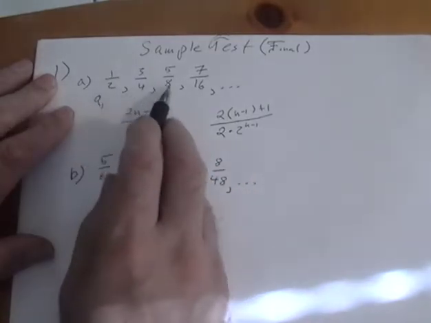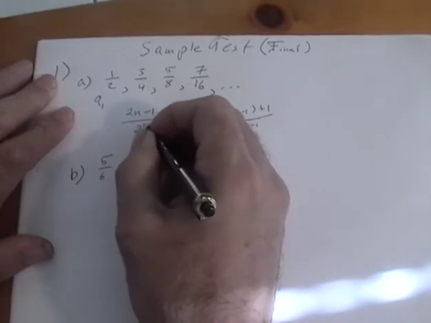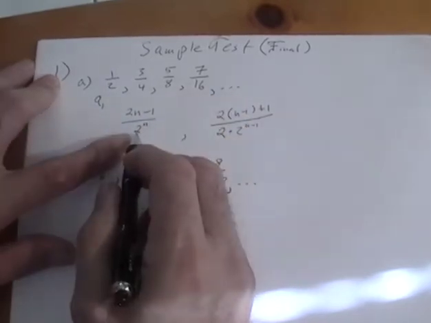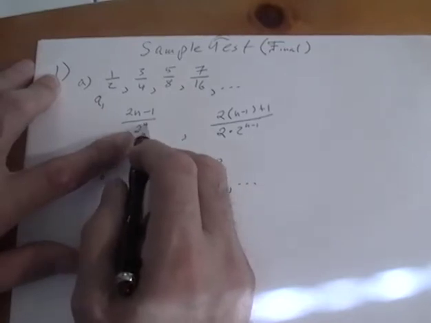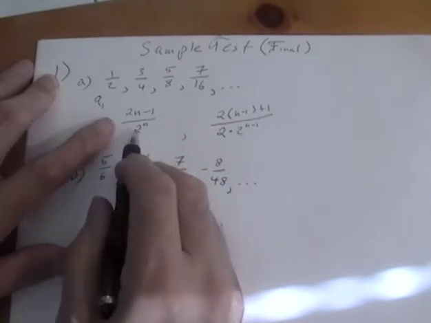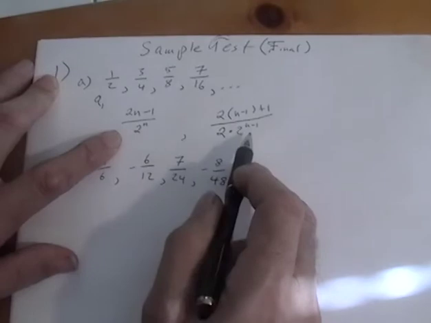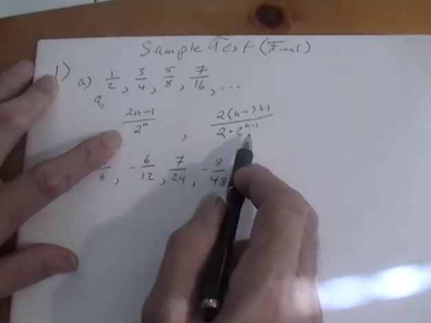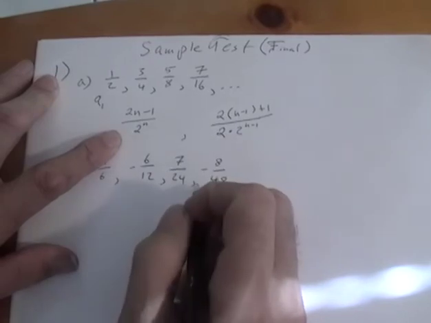I would be happy just saying that this is something like 2 to the n. If I take my first term, that would be 2 to the first, which is 2. It happens to match. So I would have written it this way. Now, this and this are clearly equivalent. Either will be acceptable.